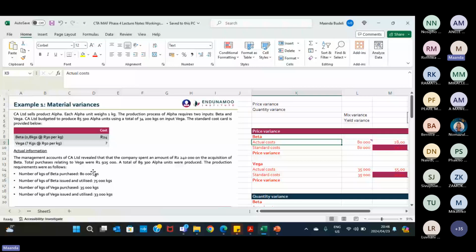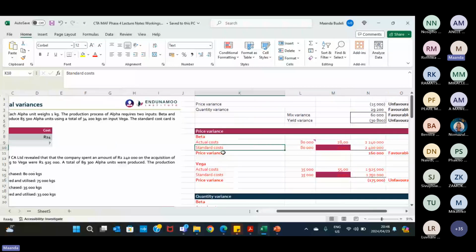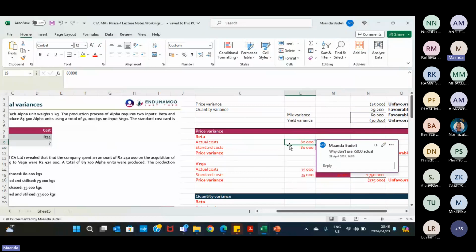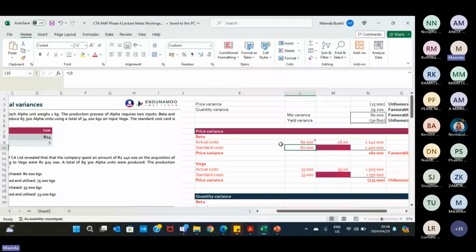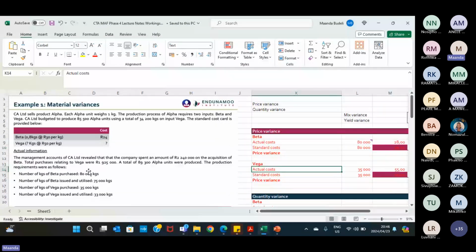So it means that for beta, we have the actual cost and the standard cost. The actual quantity becomes the 80, right? So 80, 80 here. Because I'm not worried about whether I utilized the correct amount of kgs, I'm worried about the price.